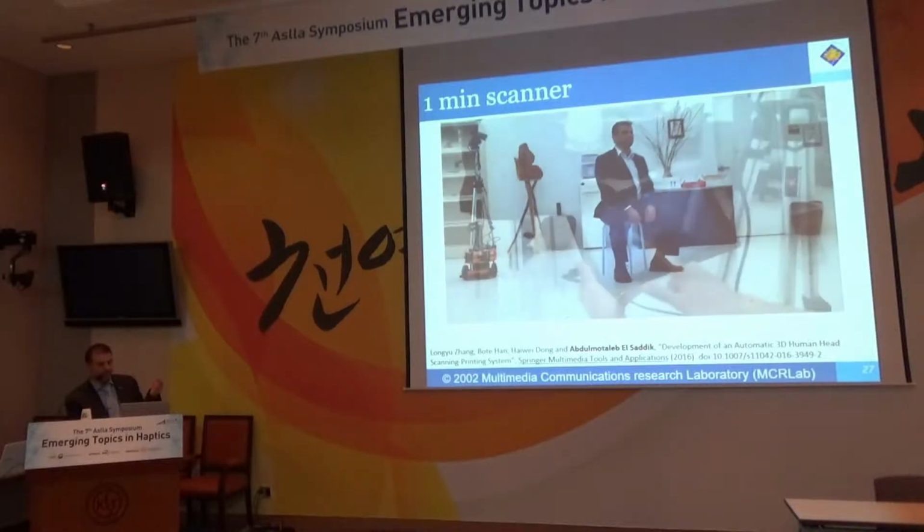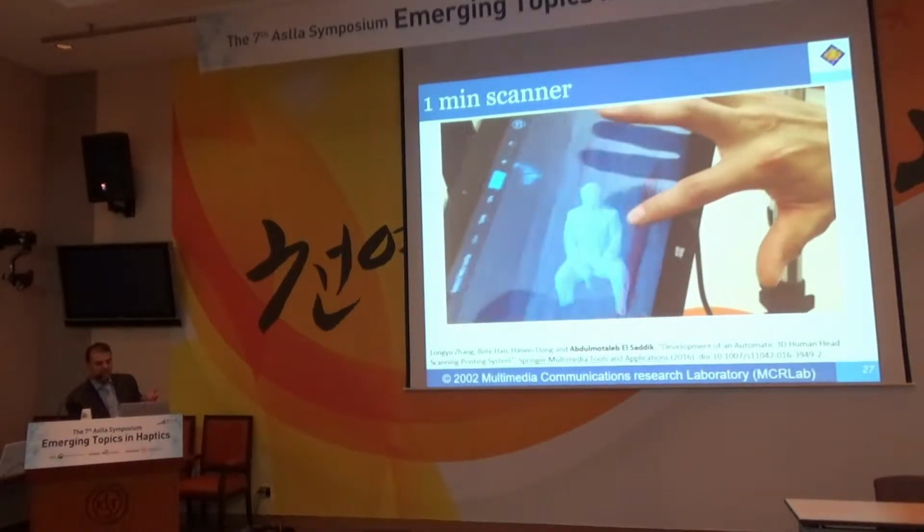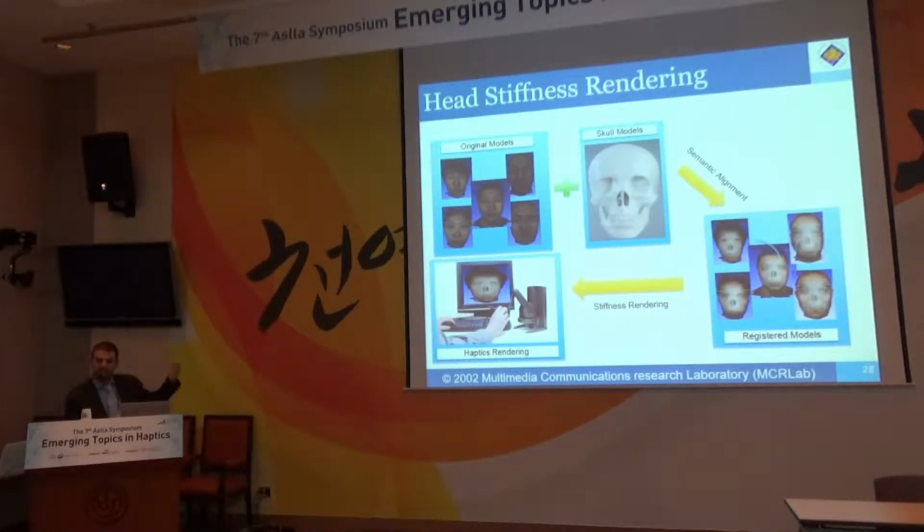Using Kinect Fusion, we were able to get this model within one minute, and then send it either to a 3D printer or to a 3D gaming engine, for instance.